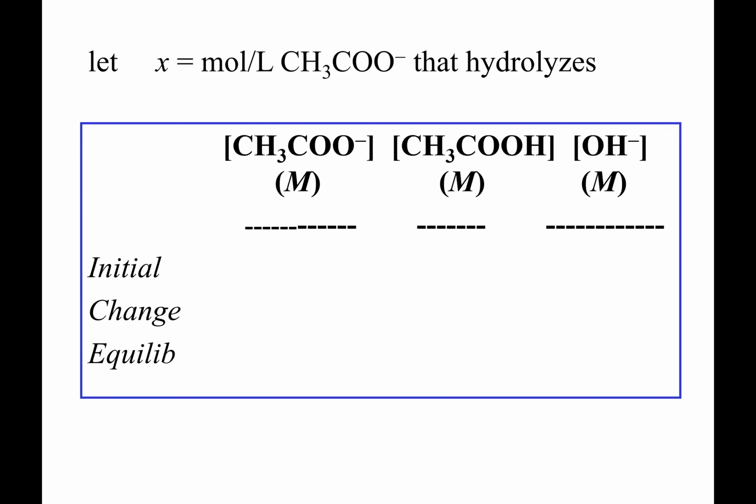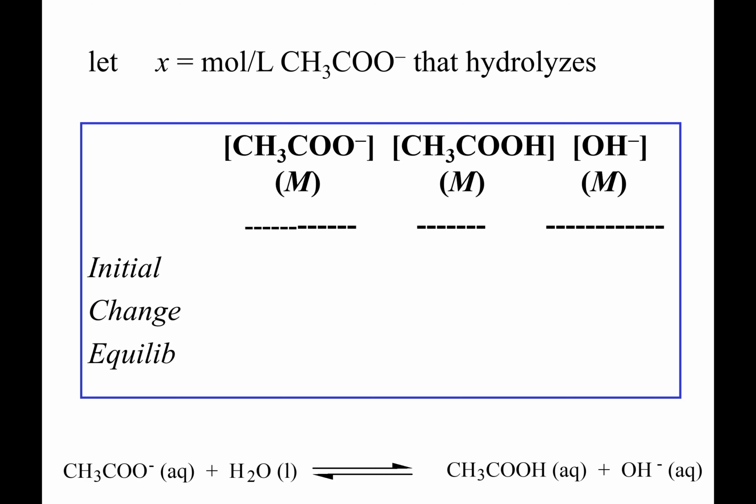Okay, here's our ICE table. This seems like so long ago when we did these. If we let X be equal to the amount of the acetate that hydrolyzes with water, it ends up looking like this, where initially we have 0.0500 molar acetate and 0 molar of the acetic acid and the hydroxide ion.